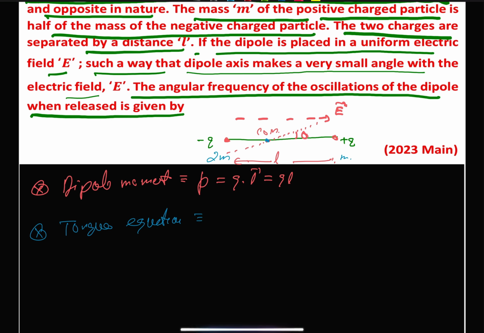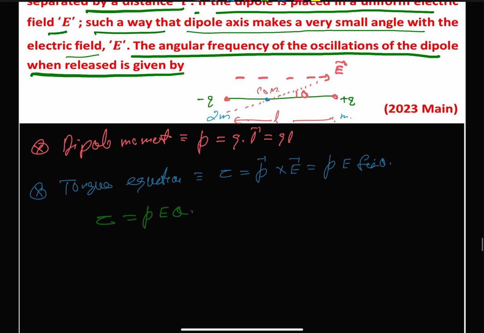Torque tau is equal to dipole moment cross electric field, which we can write as PE sine of theta. As stated, theta is small, therefore we can put sine of theta approximately equal to theta, so we can write our torque is equal to PE times theta, and this torque provides the angular acceleration.